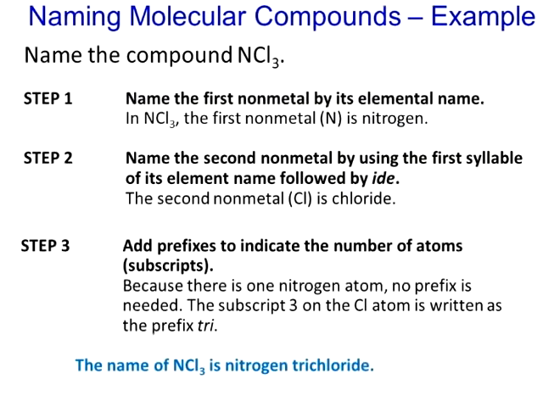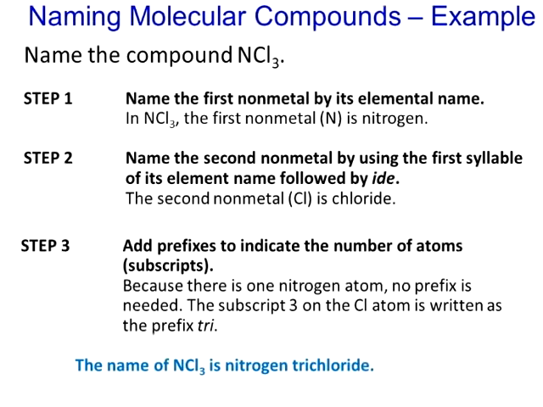So how do we name these compounds? How do we name these molecular compounds? Let me show that to you by using an example. Step 1. Name the first nonmetal of the compound by its name. For example, in the case of NCl3, the first name is nitrogen.